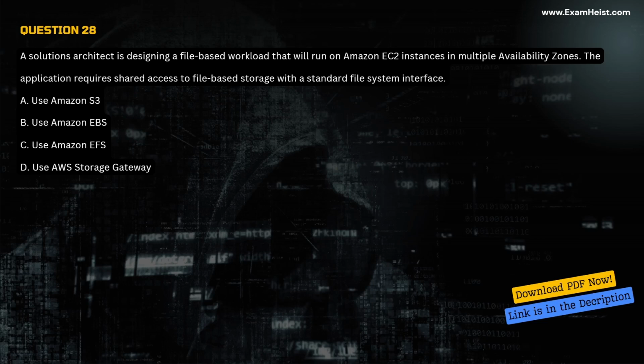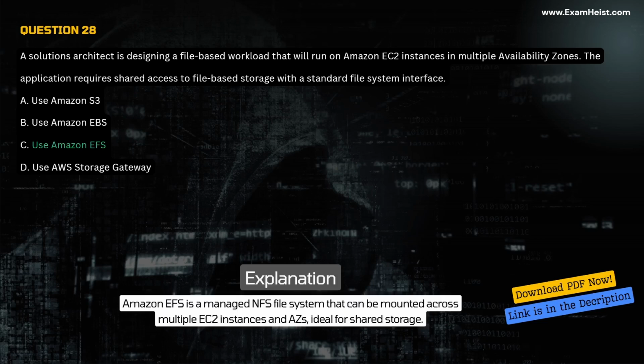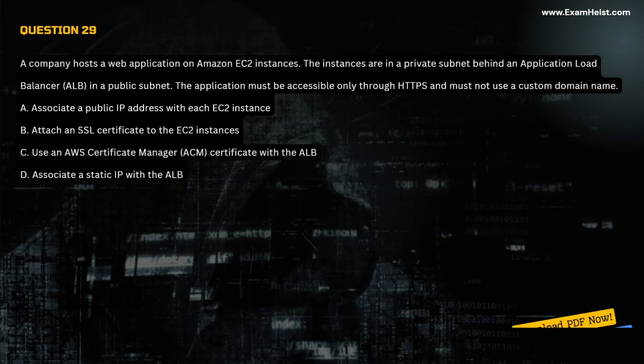C. Use Amazon EFS. D. Use AWS Storage Gateway. Correct answer, C. Use Amazon EFS. Explanation: Amazon EFS is a managed NFS file system that can be mounted across multiple EC2 instances and AZs, ideal for shared storage.